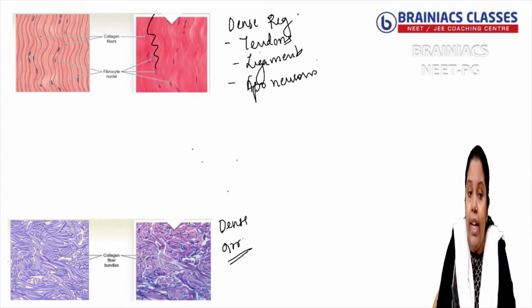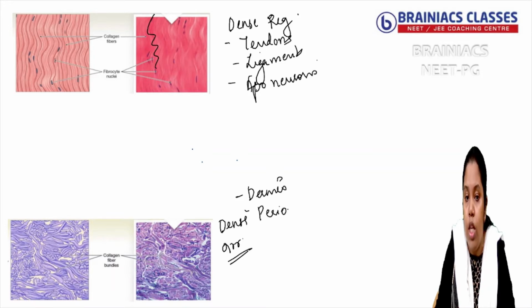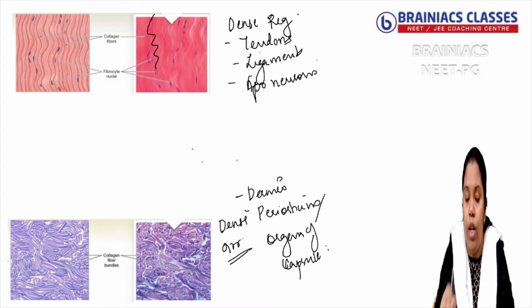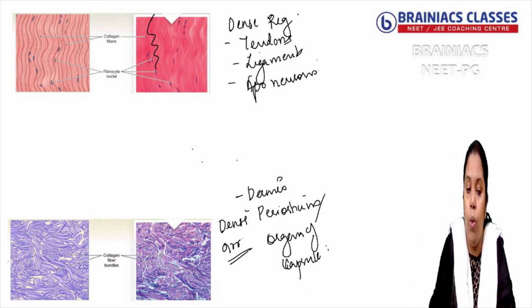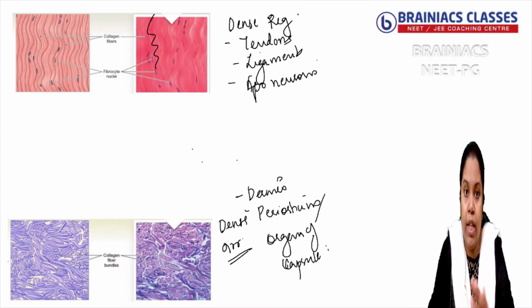Dense irregular connective tissue is present in the dermis, the periosteum, and the organ capsule. Understand? With this we have completed the connective tissues.